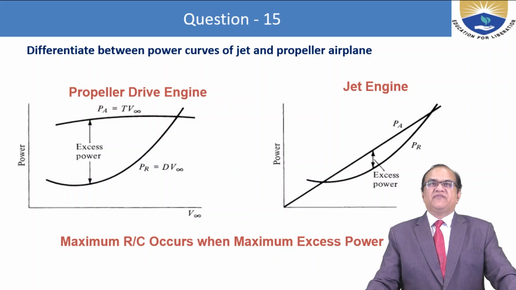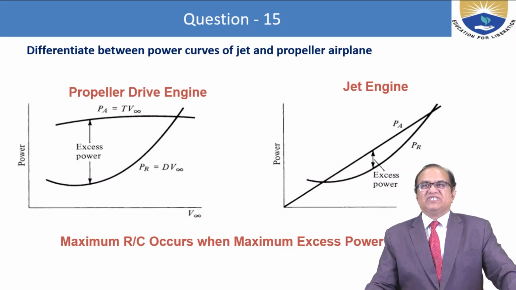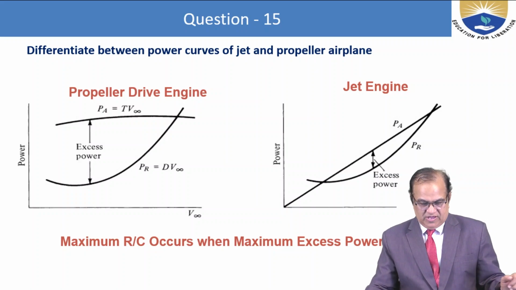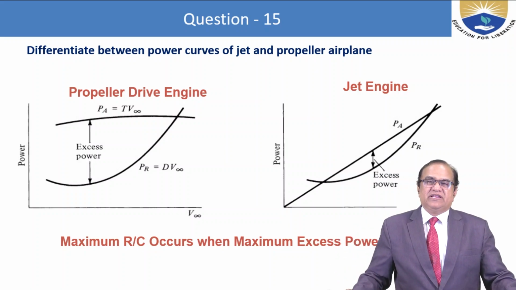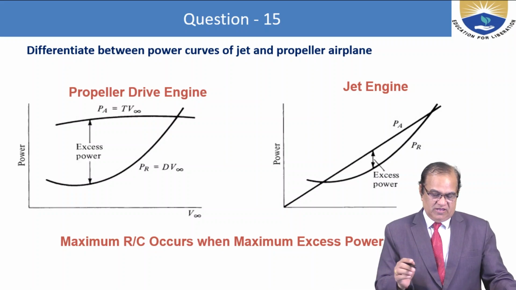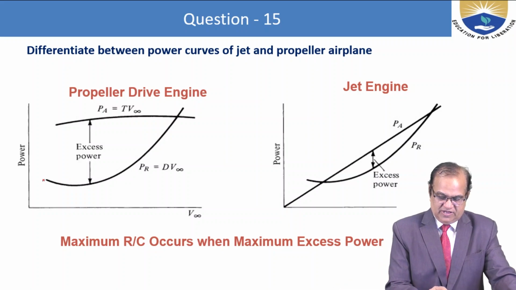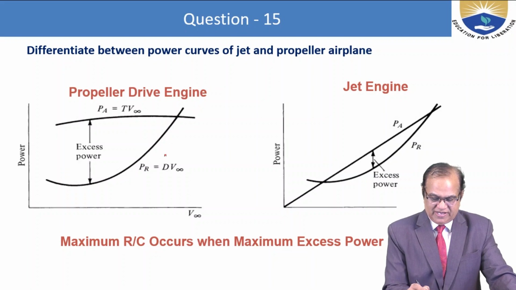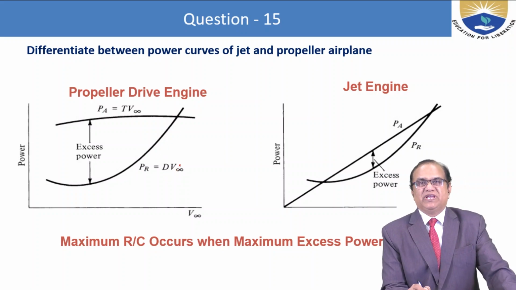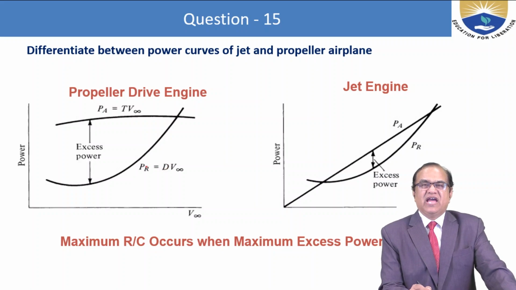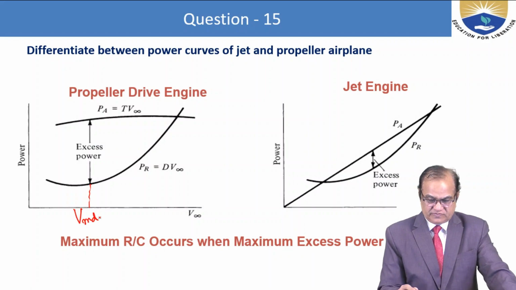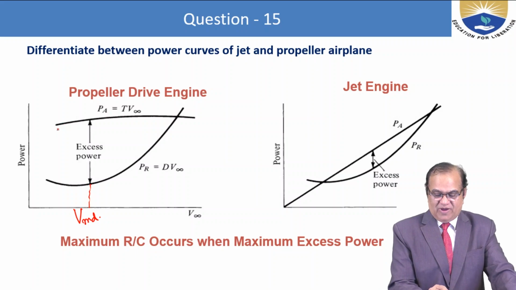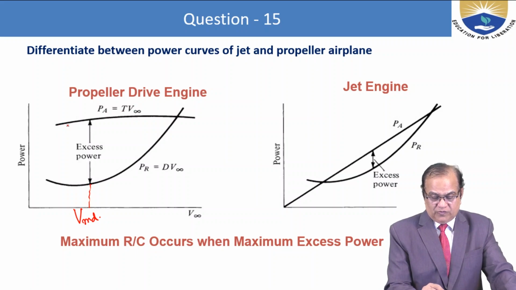Now differentiate between the power curve of a jet and a propeller airplane. We know that the propeller and the jet aircraft have some limitations. If you see here, the P R, that is the power required, is equal to D into V infinity. D is the drag, and here the excess power is very high at the V at minimum drag, and the P available from the engine is equal to T into V infinity.